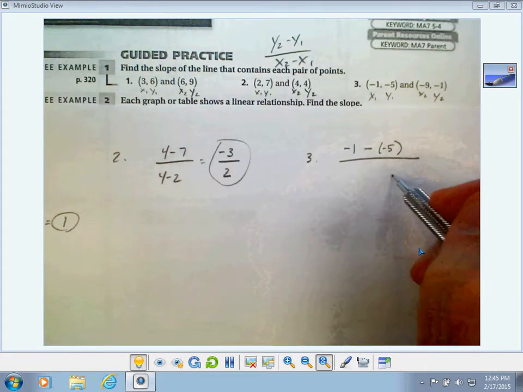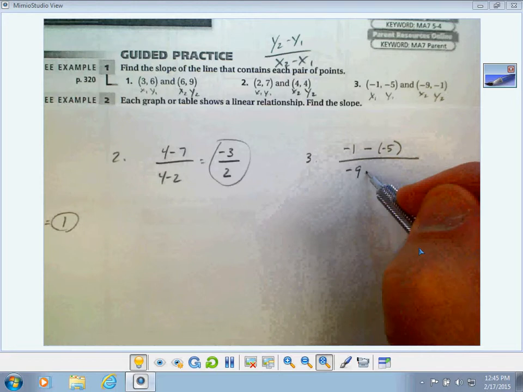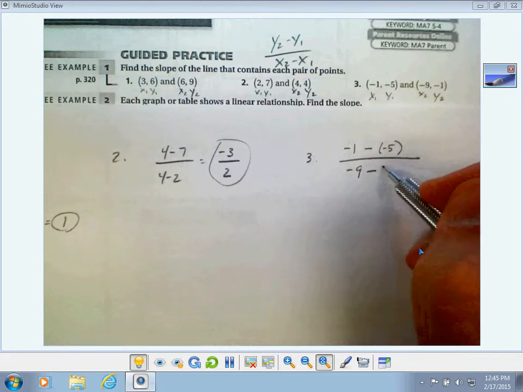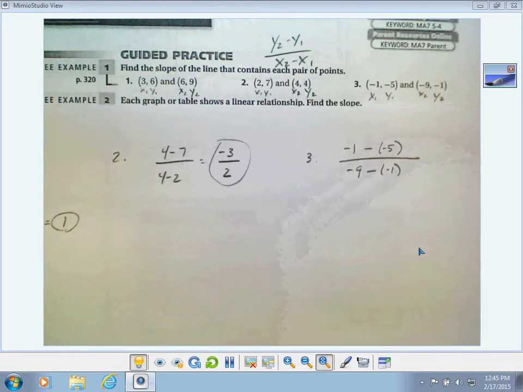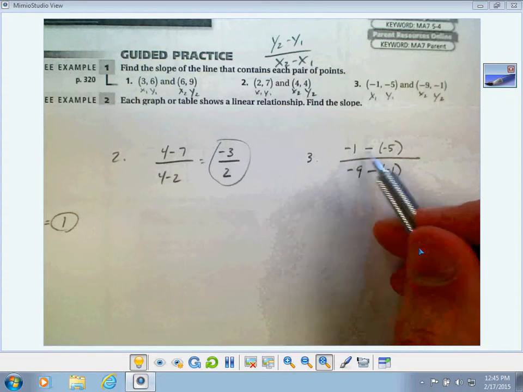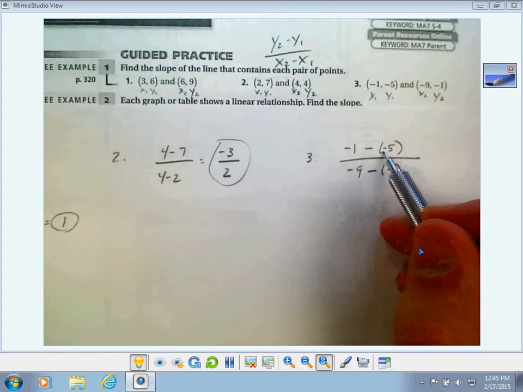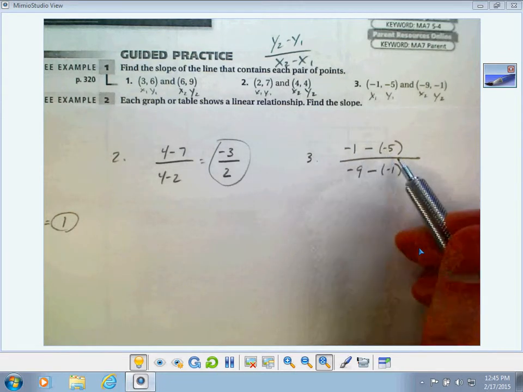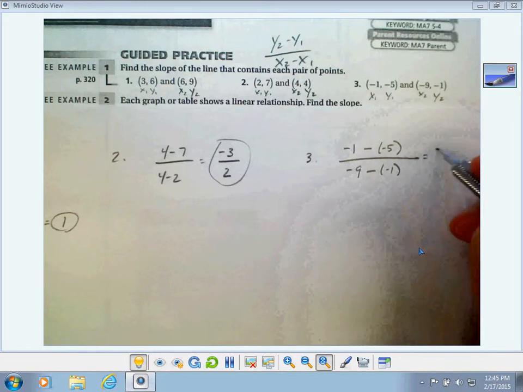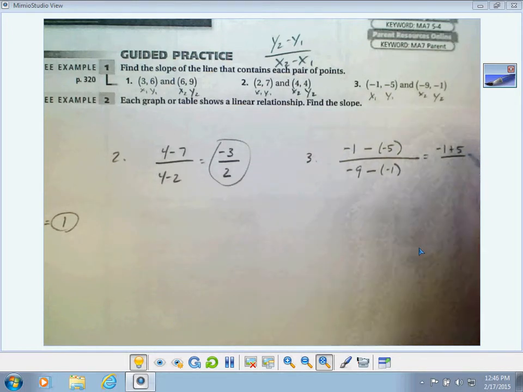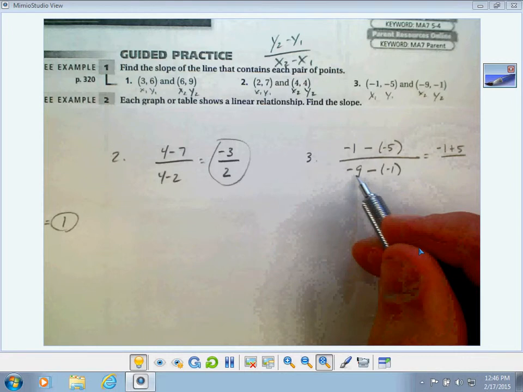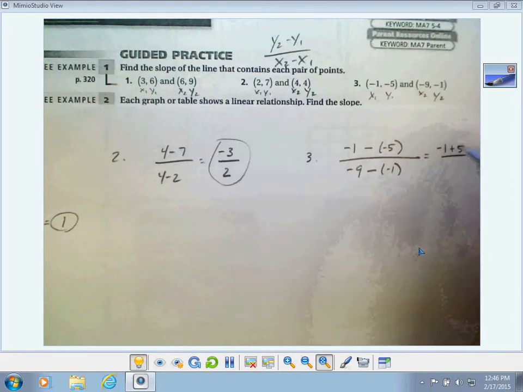And on the bottom it'll be negative 9, a minus sign from the formula, and a negative 1 for x1. So when we have a negative 1 and then we have 2 minus signs here, minus and negative, 2 negatives back to back makes a positive, so this is really negative 1 plus 5. And on the bottom, again, we have negative 9 minus negative means plus, so it's negative 9 plus 1.